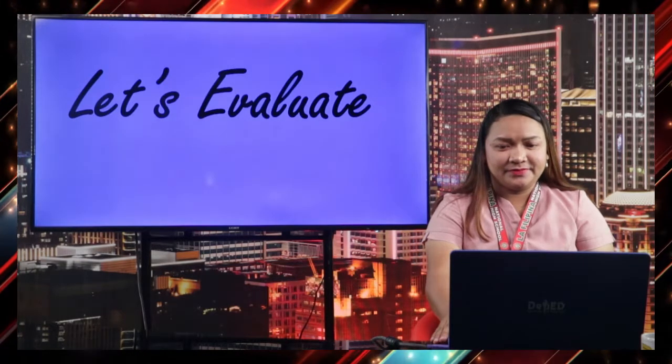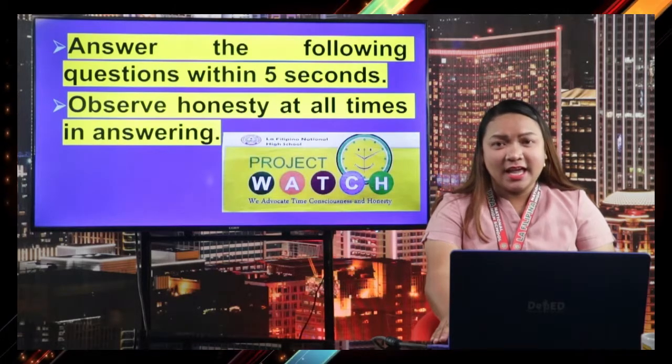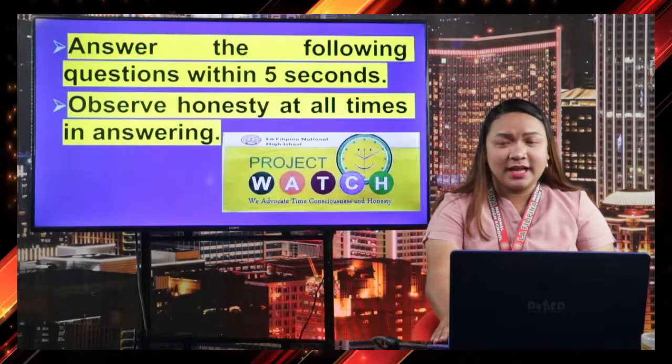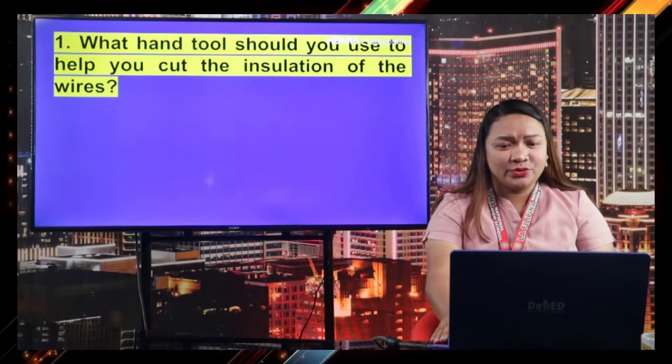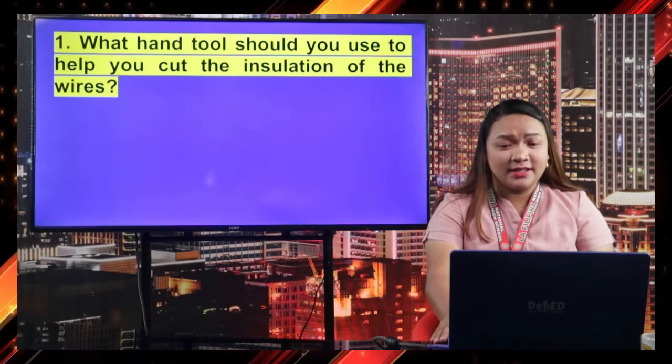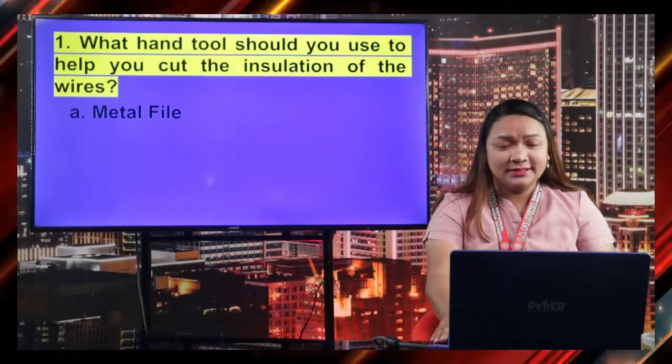Now, let's have our evaluation. So, you are going to answer the following questions within 5 seconds and observe honesty at all times in answering. Let's start. Number 1. What hand tool should you use to help you cut the insulation of the wires? A. Metal file.